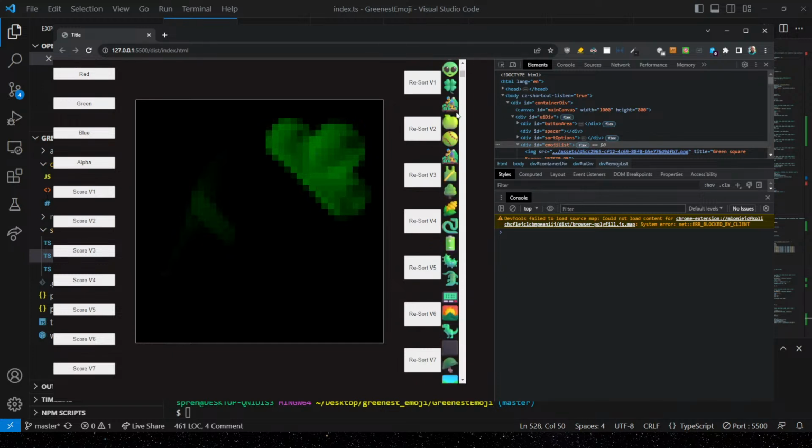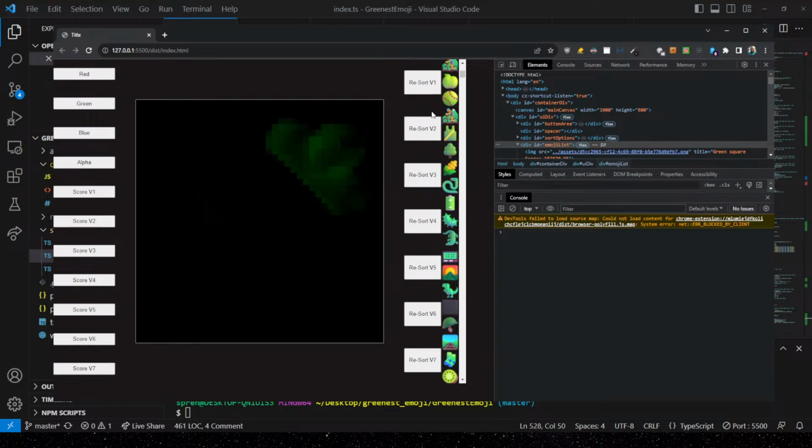Here's checking out V6. V6 has the black square problem again. And V7 is great, except black square again, and bug is after black square. Where's black square with V5?